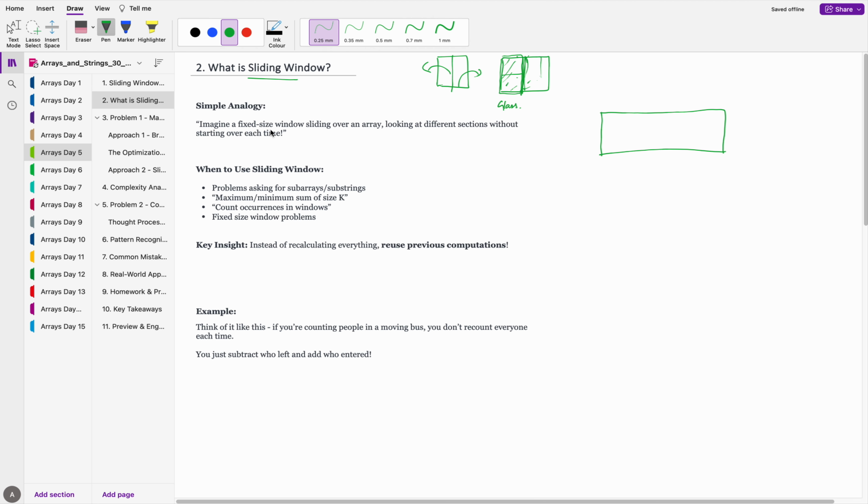So imagine a fixed size window sliding over an array. Let's say this is an array: one item, two, three, four, five, six, seven, eight, nine, ten. So this is the size of the window, sliding over an array, looking at different sections without starting over each time.